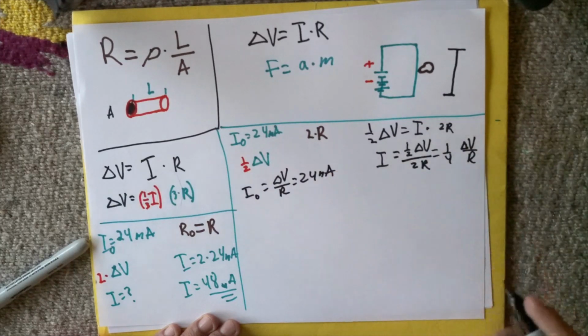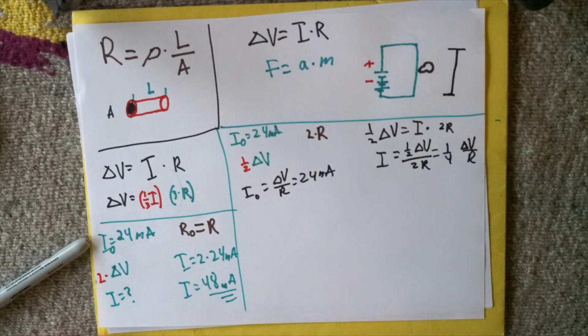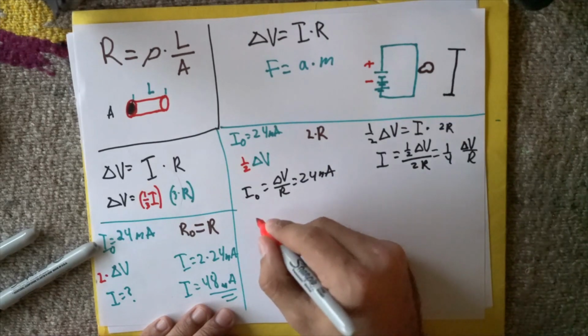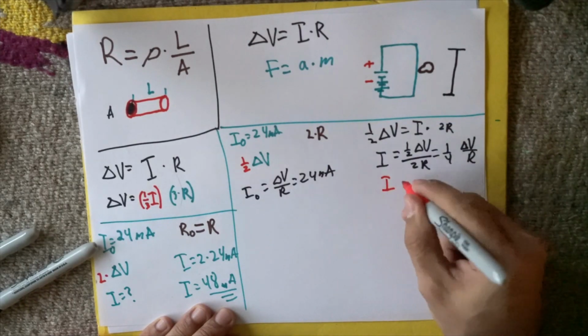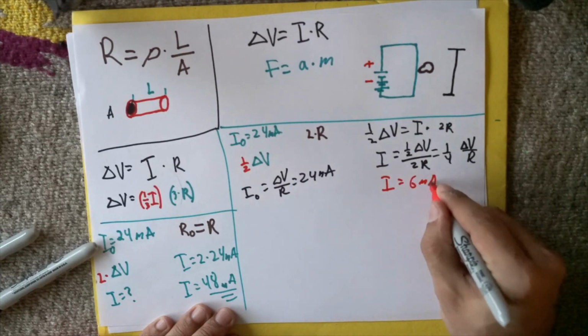So I'm going to get 24 milliamps and just divide that by 4. You should be able to do this. So my new current is 6 milliamps.